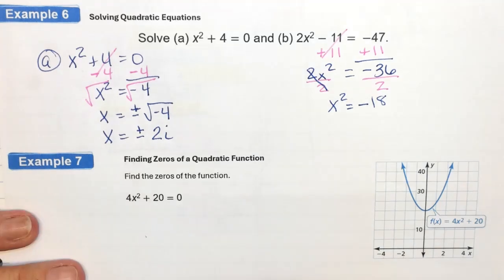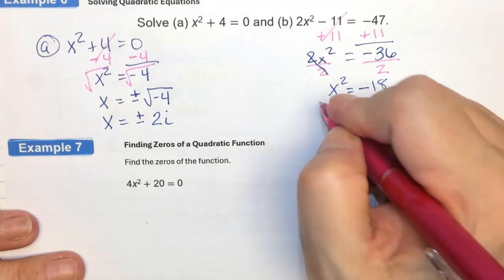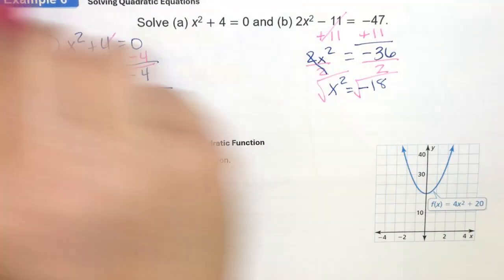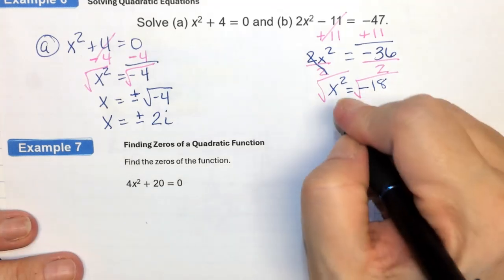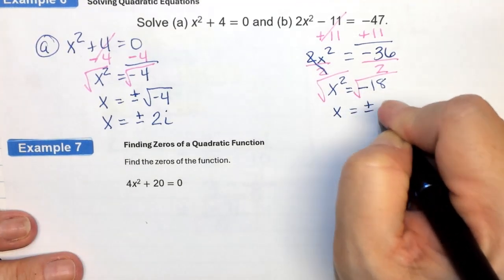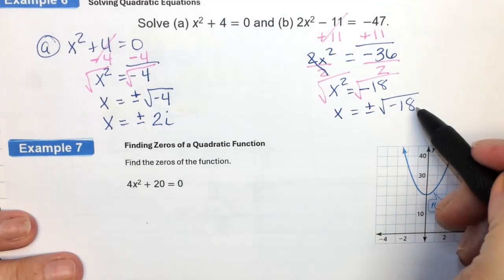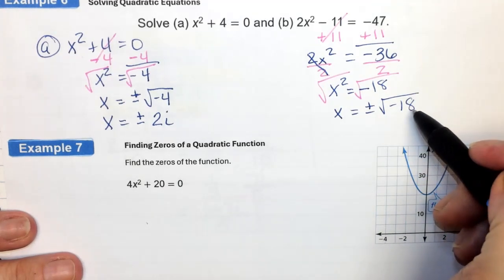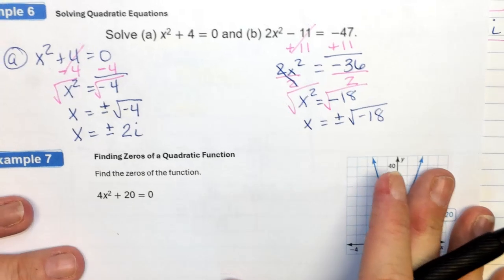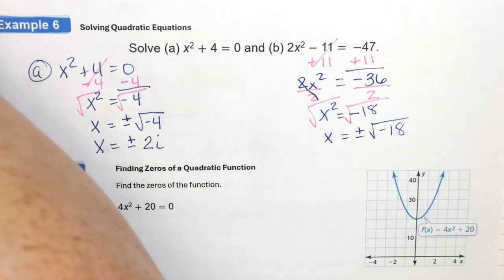So now I don't want x squared, I want just x, so I'm going to take the square root of both sides. And so when I do that, I get x equals plus or minus the square root of negative 18. So 18 is not a perfect square. So we're going to have to break it up. So I'm going to do it over here on this side.